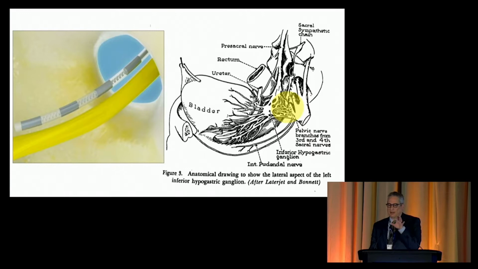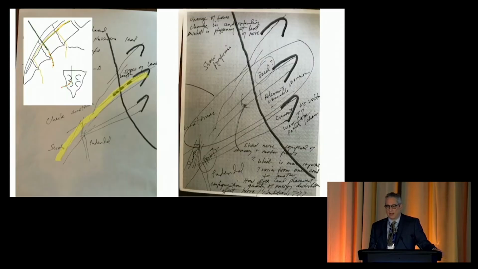And so, the yellow area really should be this area, and it's even more complex than this because this is showing one particular nerve, but layered on top of that is another nerve. So we have space anteriorly, posteriorly, inferiorly, and superiorly where we want to snuggle that lead in.